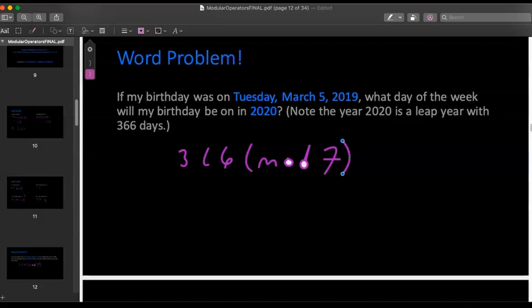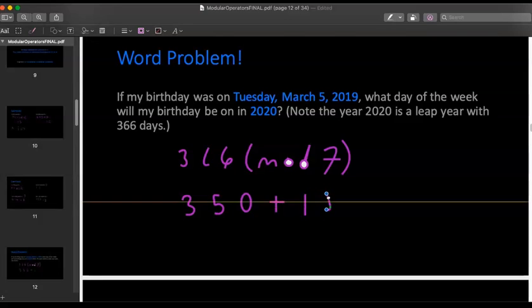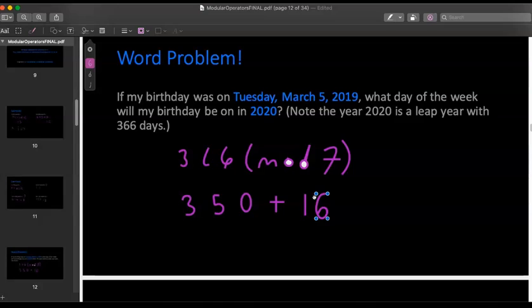I used 7 times 50 to get 350. And 366 minus 350 is 16. 16 divided by 7 is 2. And 16 minus 7 times 2 is 2. So the remainder of 366 mod 7 is 2. Perfect. That's exactly what I was looking for.